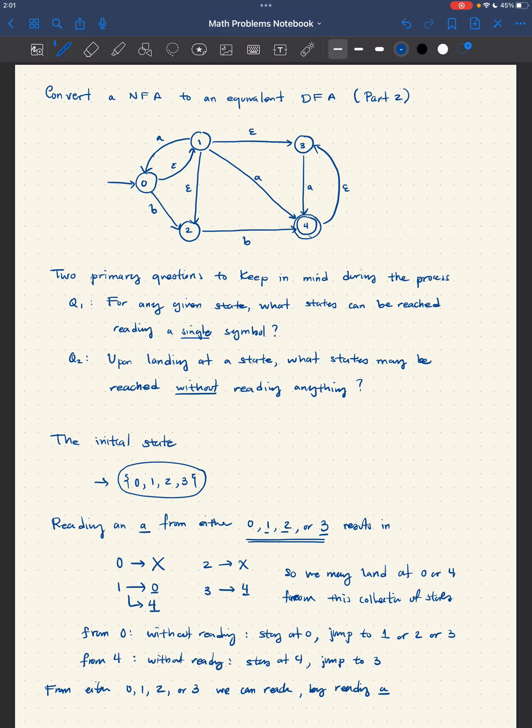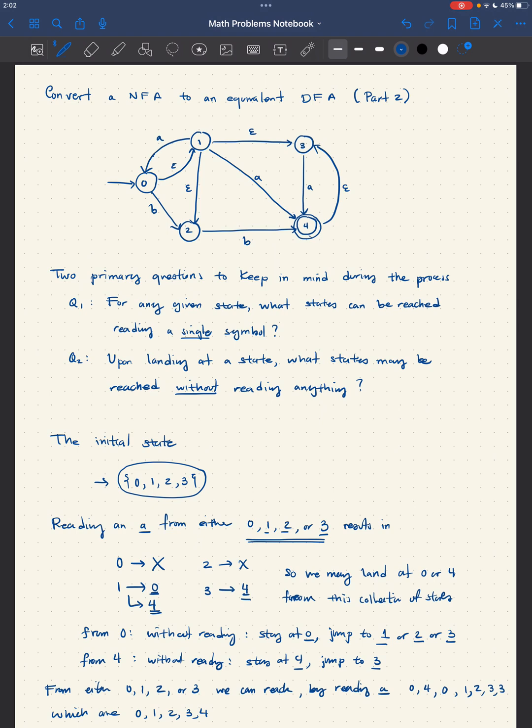We can get to 0, to 4, to 0, 1, 2, 3, or 3. The ones that we obtain by looking here, here, here, well, here, here, here, here, here, and here. But that simplifies to this, which are 0, 1, 2, 3, 4.